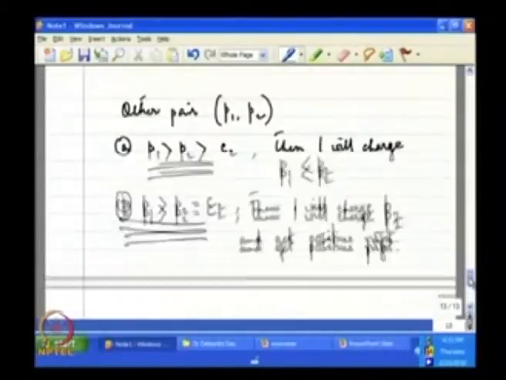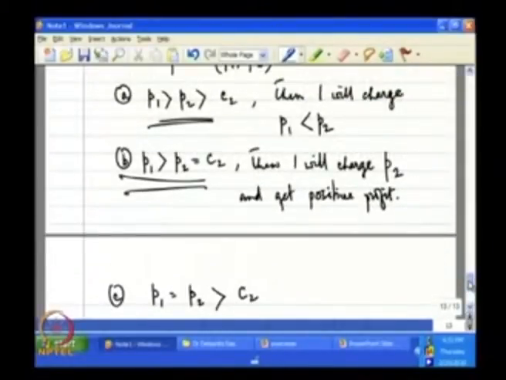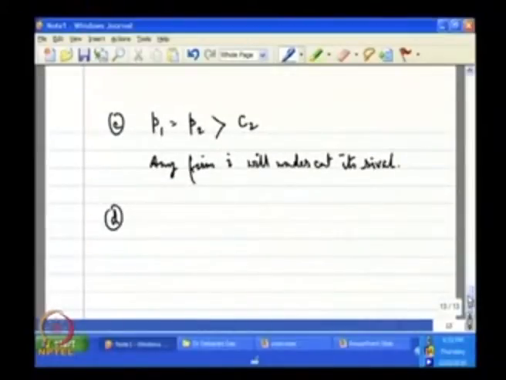What could be the other possibility? Suppose P1 and P2 are such that both of them are less than C2. This is not a Nash equilibrium, because the market is again getting split, and firm 2 is earning negative profit, because P2 minus C2 is negative.